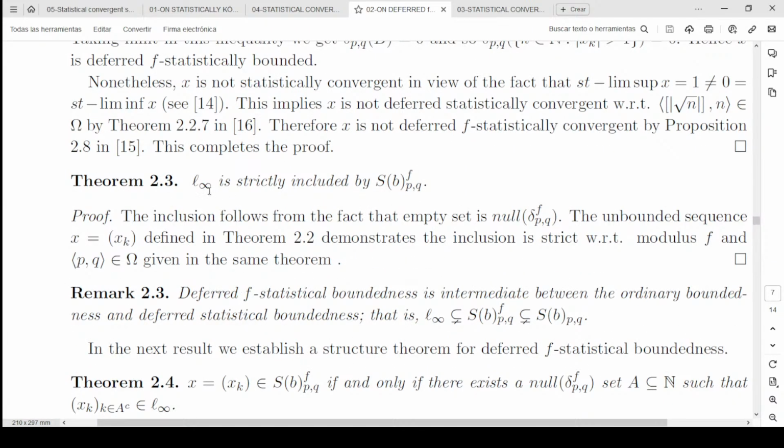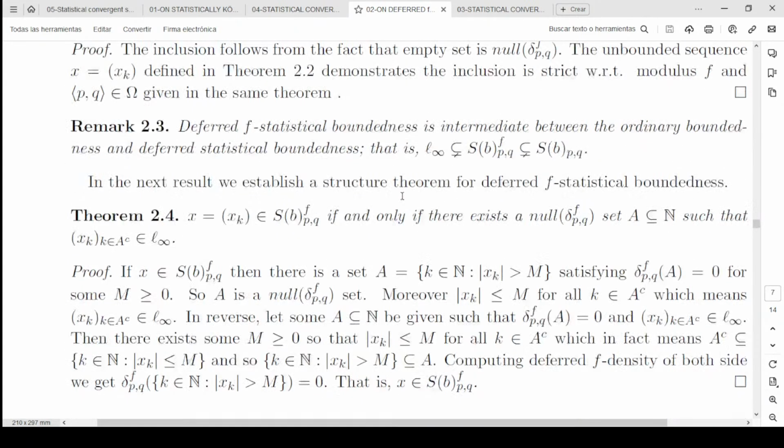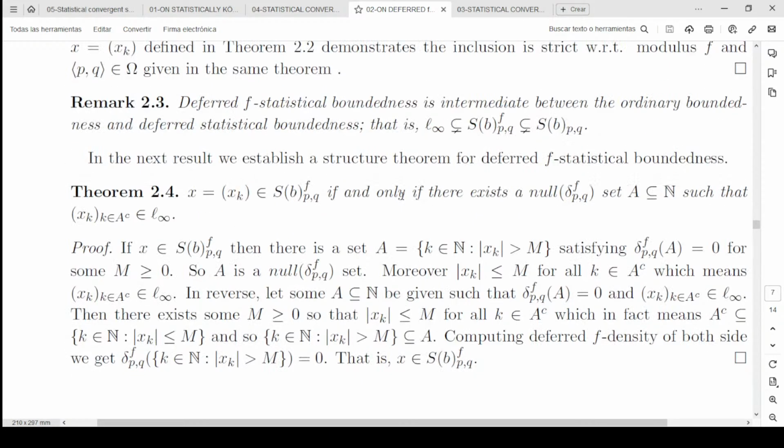Here we say that L infinity, the space of all bounded sequences, is included by the space of all deferred f statistically bounded sequences. And in this theorem 2.4, we establish a structure theorem for deferred f statistically bounded sequences.